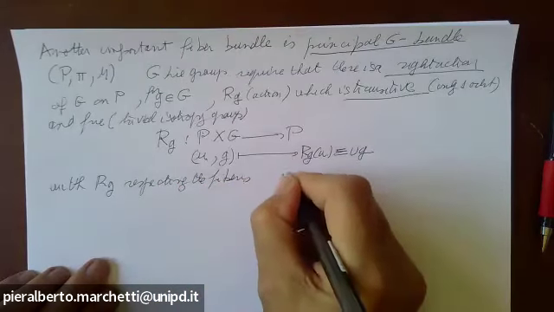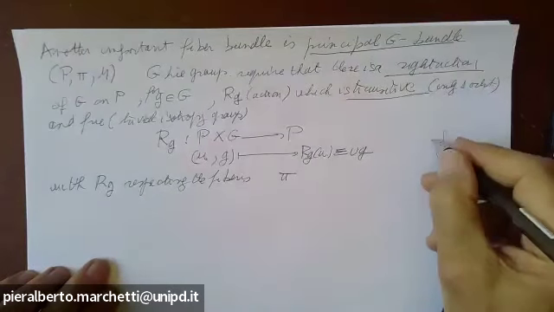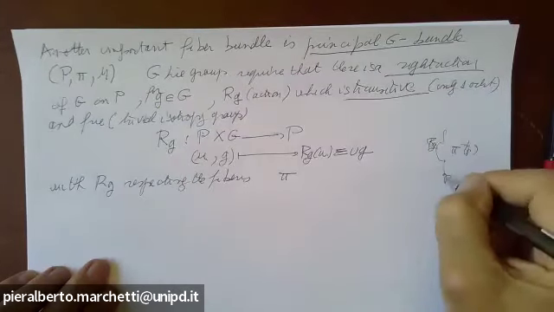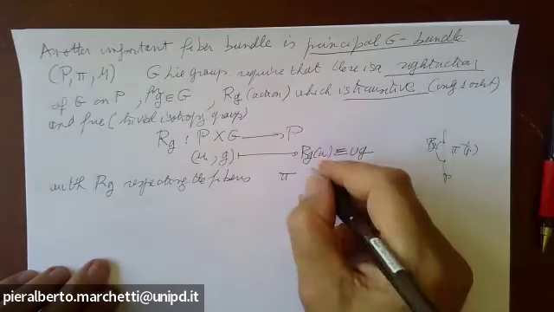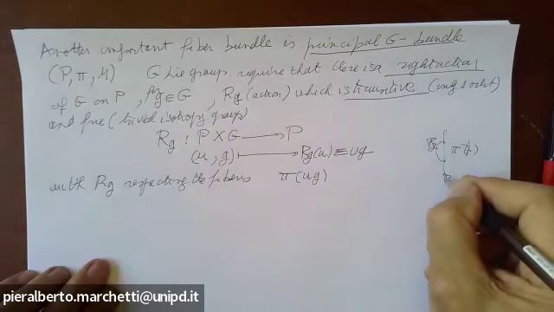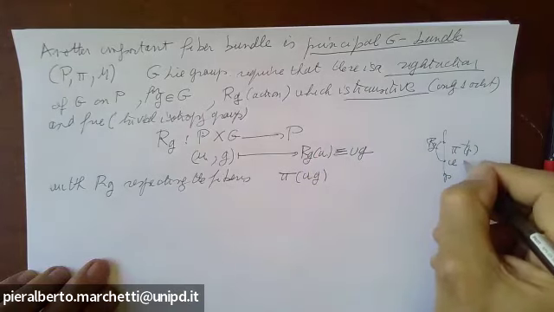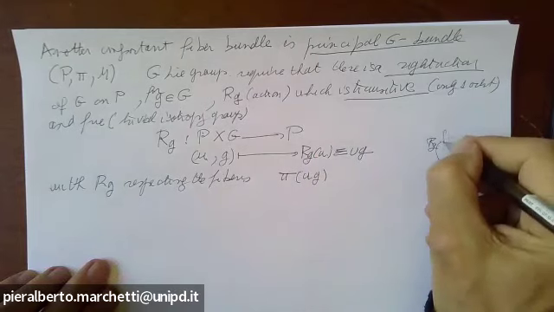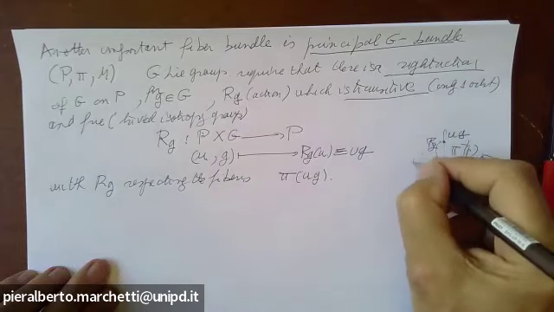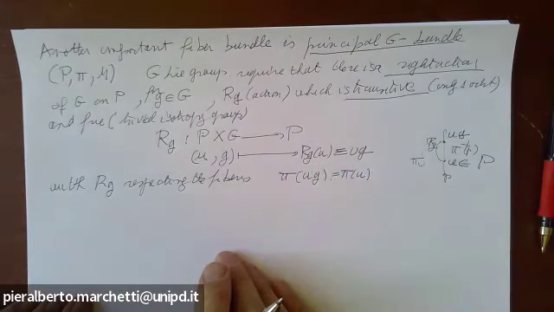So it means that you want g to act only on the fiber. You have a point p, you have your fiber π^{-1}(p), and R_g acts on the fiber. So in formula, u belongs to the big P, you send it to ug, but you want the projection of ug to be equal to the projection of your starting point, u.